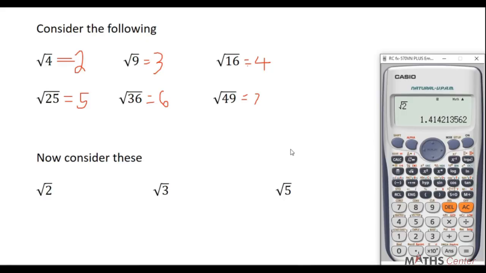Now you can see from here that there is a difference. This time square root of 2 is not giving us a whole number, but it's giving us a whole number and a decimal part. If you watch the video on real number system, you realize that this is an example of an irrational number because there is no repeating order in the decimal parts and it continues up to infinity.